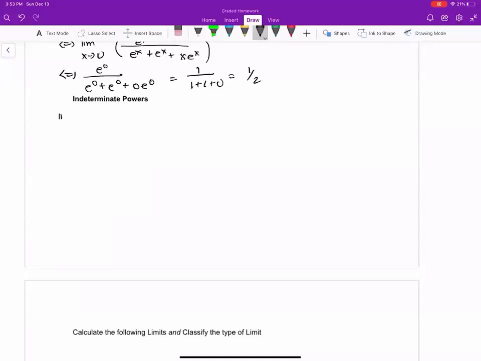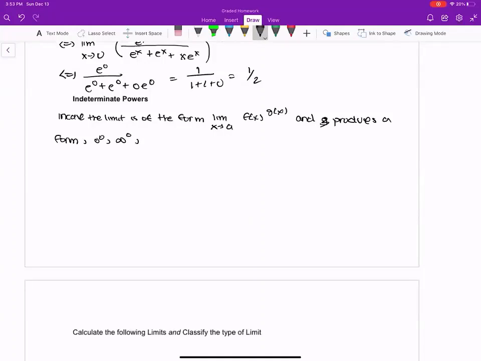So in case the limit is of the form limit as x approaches a of f of x to the power of g of x, and produces a form 0 to the power of 0, infinity to the power of 0, or 1 to the power of infinity, then we can use the following.